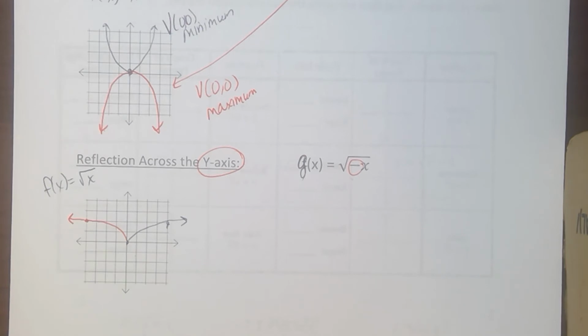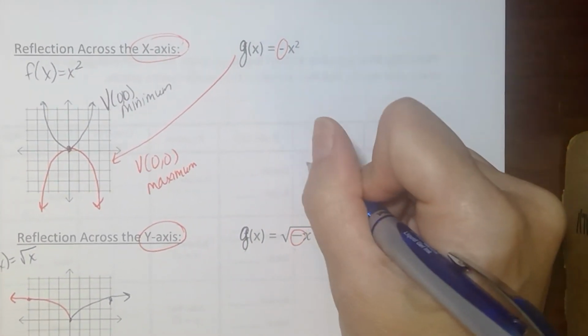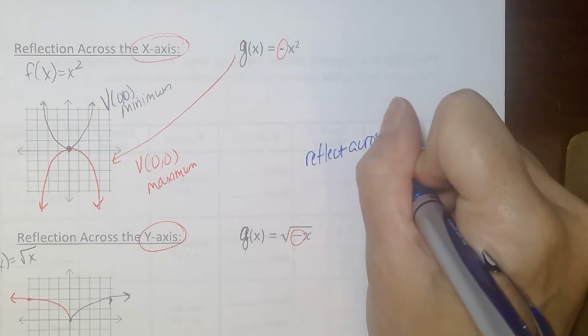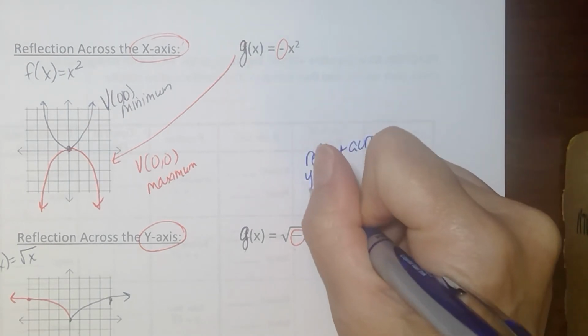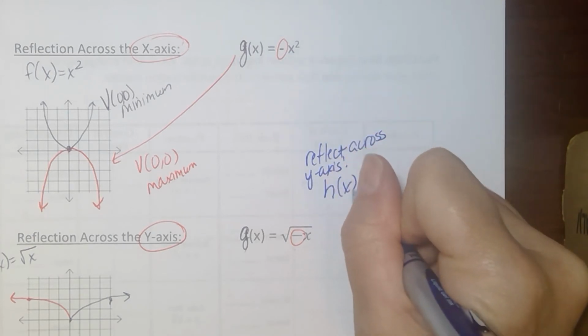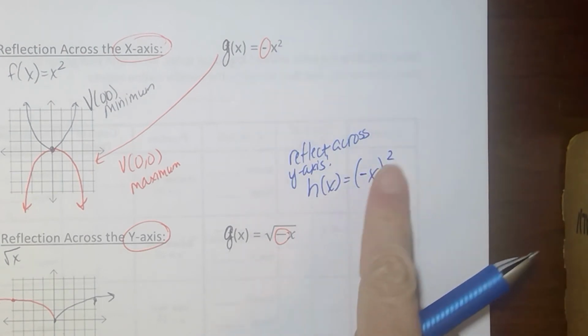What would have happened if I did the reflection across the y-axis for my quadratic function? That's what I started to say a while ago, and then I stopped myself. What if I wanted to reflect my quadratic function across the y-axis? Well, if I did that, that negative shows up inside, so it would be negative x squared.